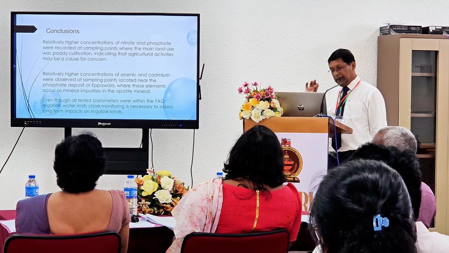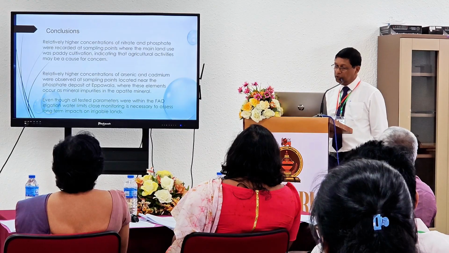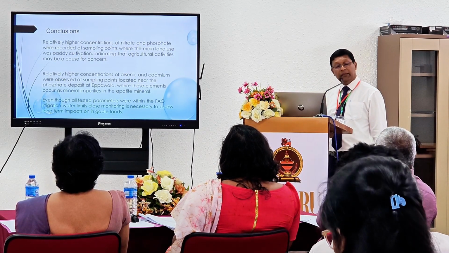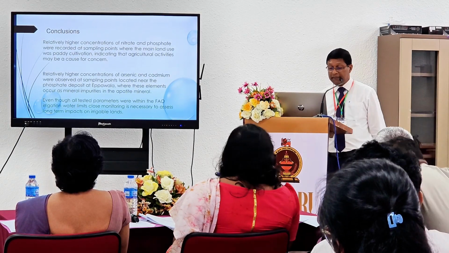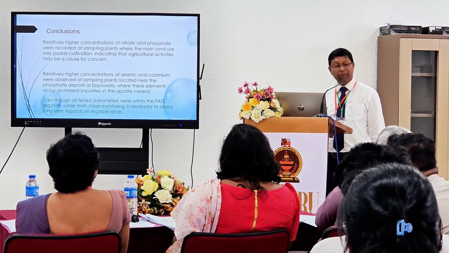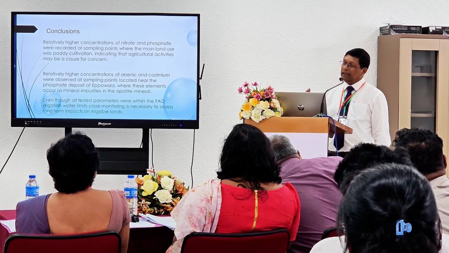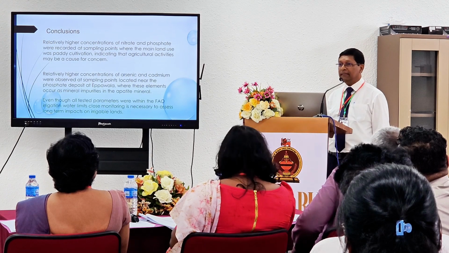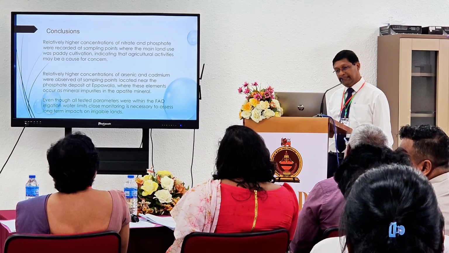But if you compare the different sampling points, cadmium and arsenic show slightly elevated levels when the water flows towards the phosphate deposit. So finally, even though the tested parameters were within the permissible limits for irrigation water, we need long-term monitoring, to see whether there is any risk of developing salinity in the irrigable land or accumulation of heavy metals in this irrigation land.